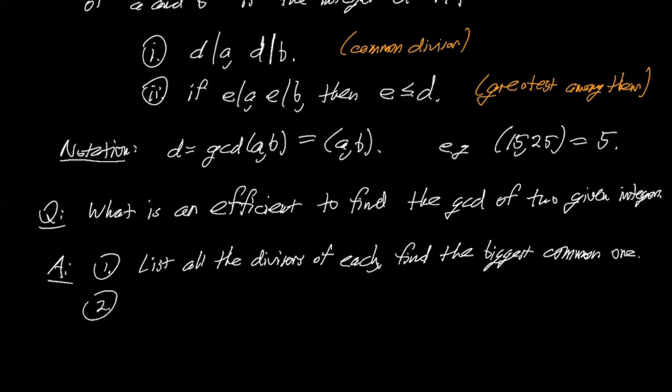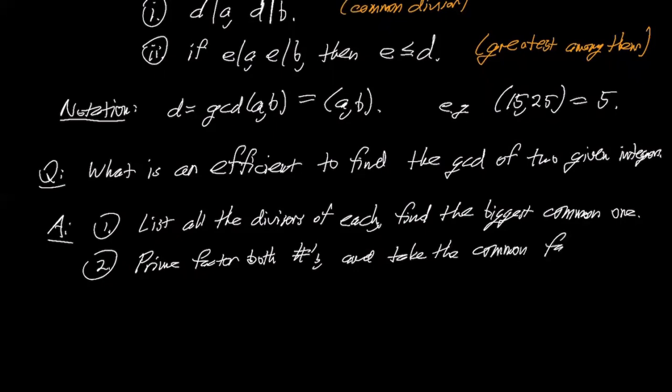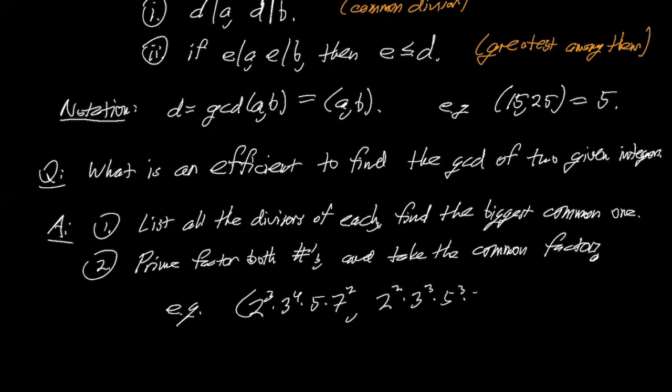Or you could prime factor both numbers, and take all the common factors, right? For example, just as an example, if I had 2 cubed times 3 to the 4th times 5 times 7 squared, and I wanted the GCD of that with 2 squared times 3 cubed times 5 cubed times 7.